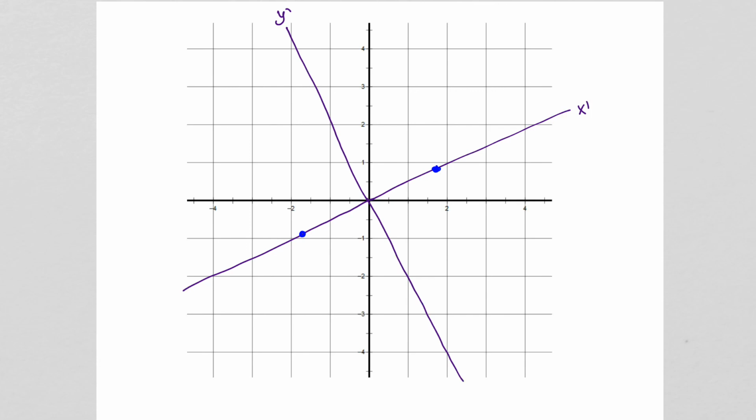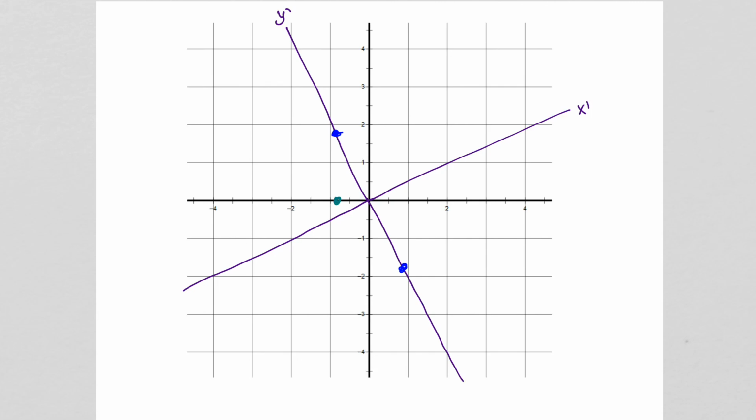Okay, and then the other two, oh, I graphed those wrong, of course. 0, -2, and 0, 2. So about there and there. And so the other two were about 0.9 and -0.9.